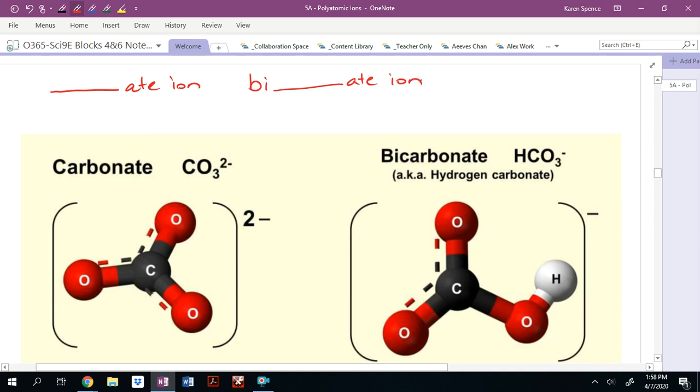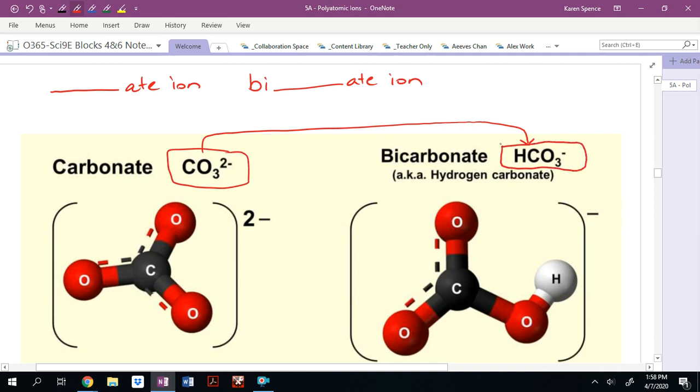It's not just going to be carbonate, it's going to be other things as well. Take a look and see if you can see the difference between CO3 2- and HCO3-. Okay, pause for a moment and list 2 differences that you see between those 2 ions.